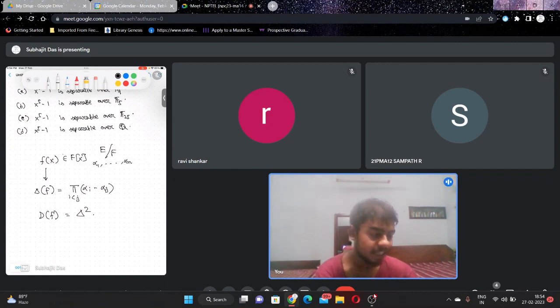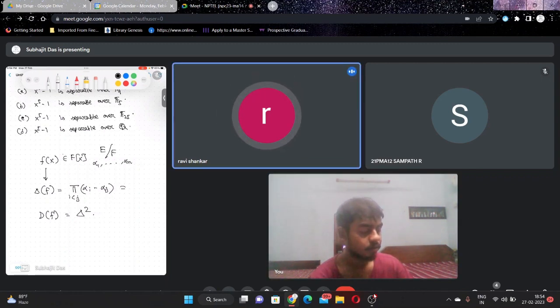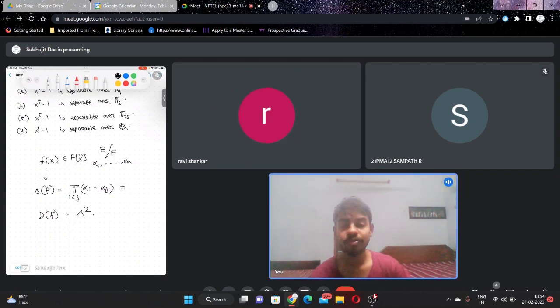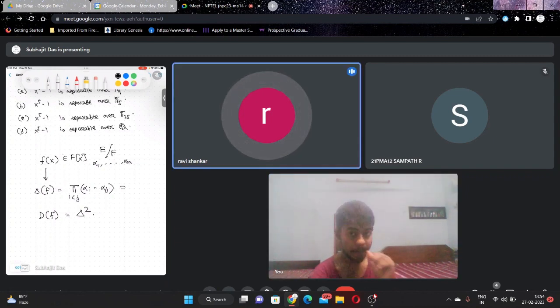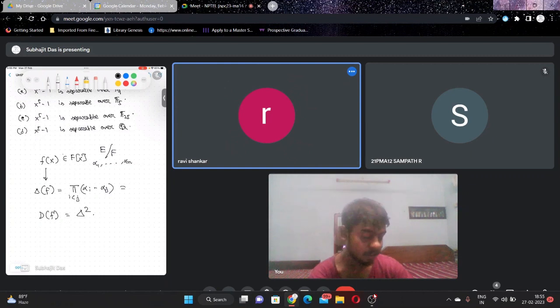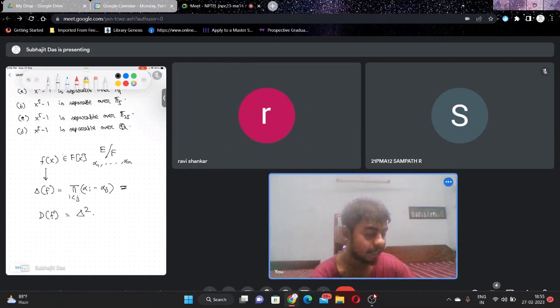Now certainly if the polynomial is not separable, then it will have repeated roots, which means that if two roots alpha i and alpha j for some i and j are equal, then what happens to delta f?